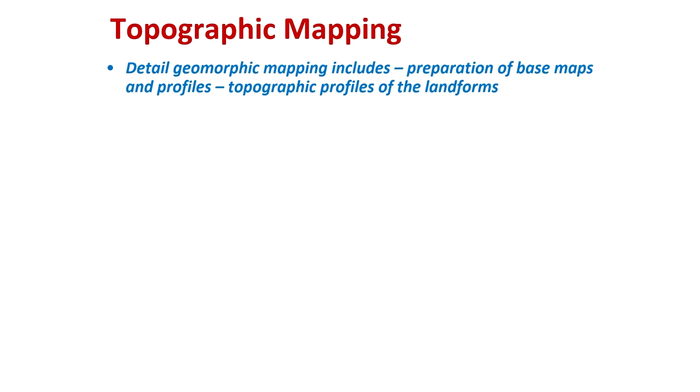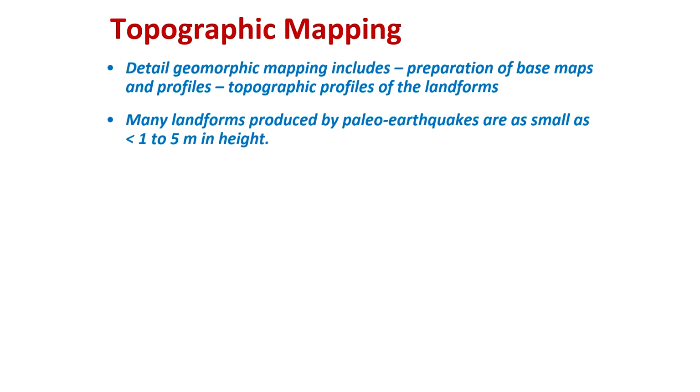So, detailed geomorphic mapping includes preparation of the base map and topographic profiles of the landforms. Many landforms produced by paleo earthquakes are as small as, in terms of height, around 1 meter or up to 5 meters and all that. So, you should not miss out this type of landforms also.